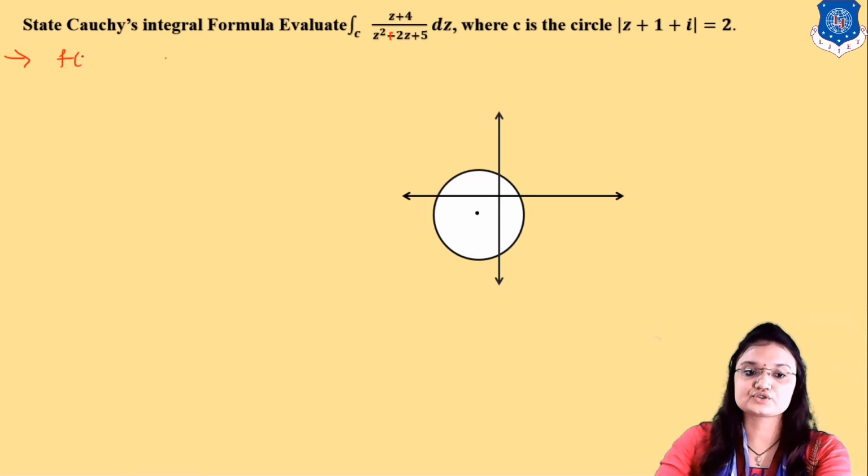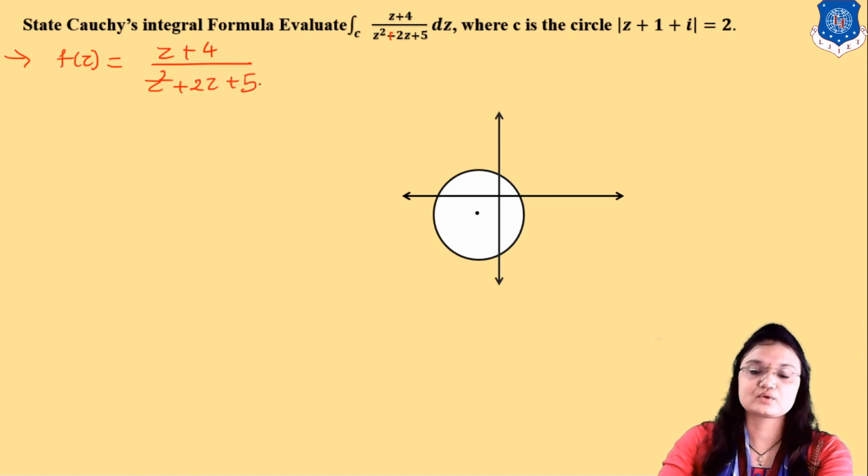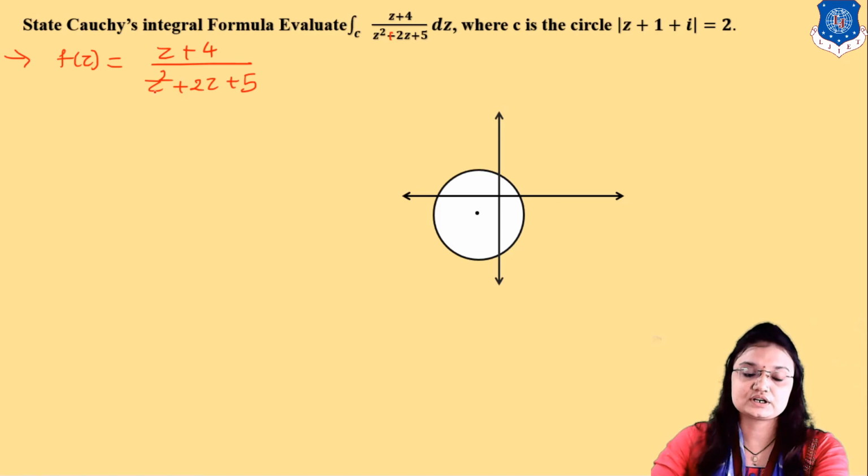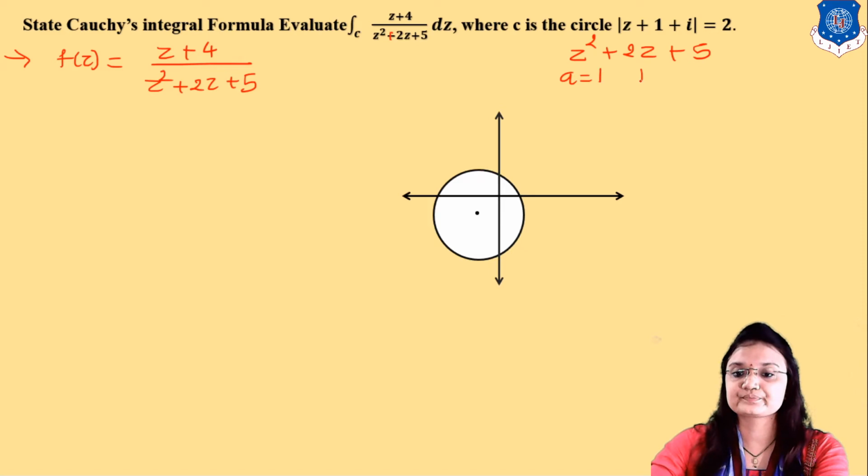So here we have the function f(z) = (z + 4) upon (z² + 2z + 5). Now here we have a quadratic equation in the denominator, z² + 2z + 5. We cannot directly factorize it, so here a is equal to 1, b is equal to 2 and c is equal to 5.